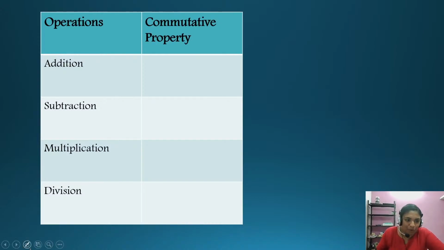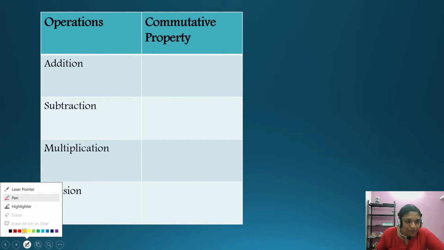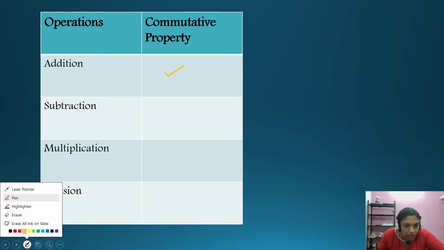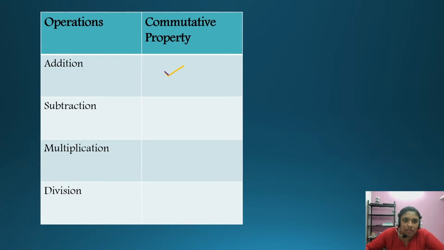Yes, again, the box came. So, what can we write here? Addition. Does addition satisfy the commutative property? Yes. Then what about subtraction? The color is not good, right? Okay, let's take this one. Now, what about subtraction?